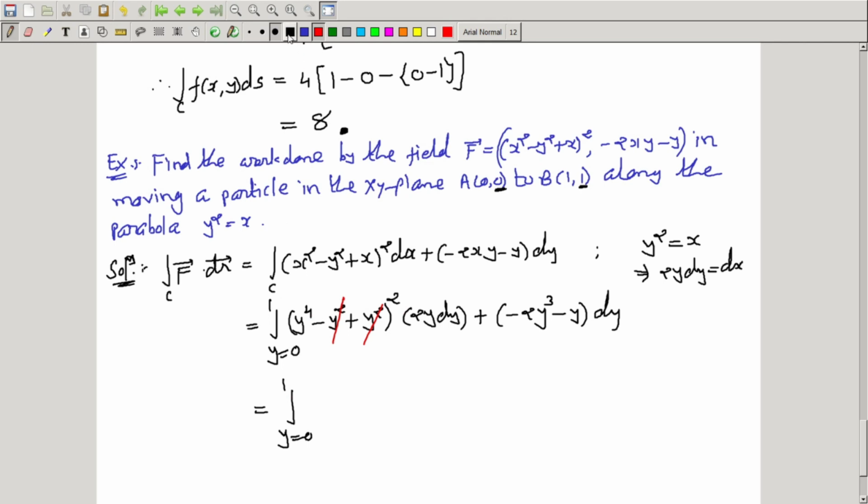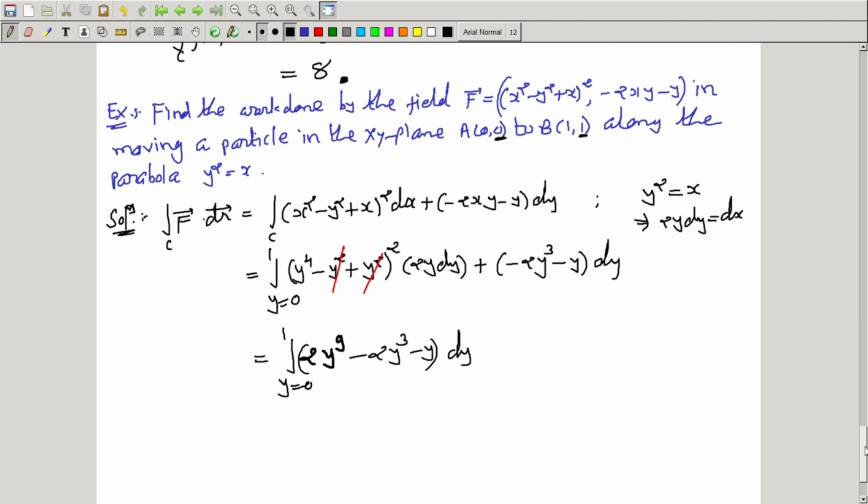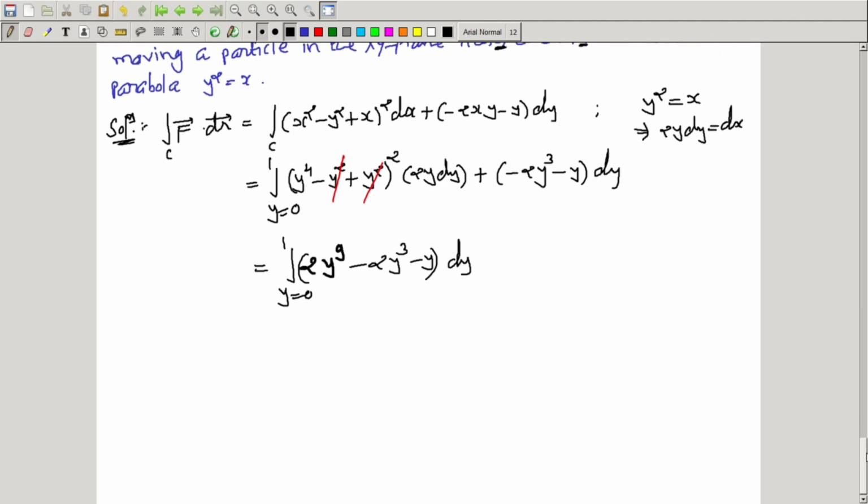Right, so that is 2y raised to 9 minus 2y cube minus y dy. Please verify this. Is this the correct quantity?